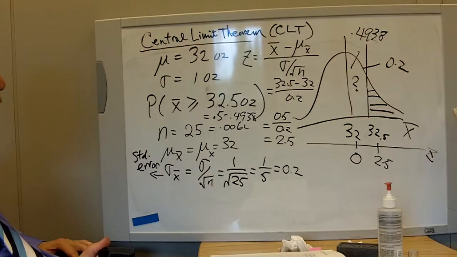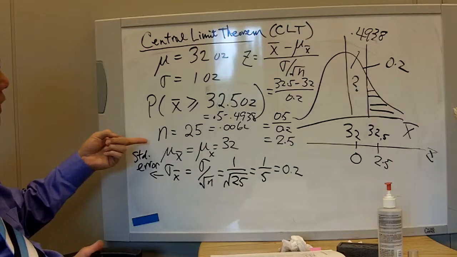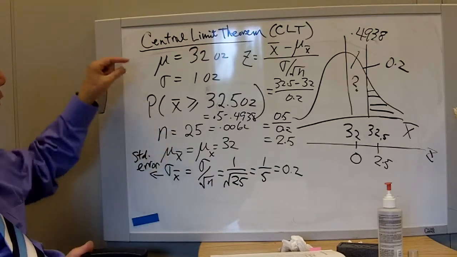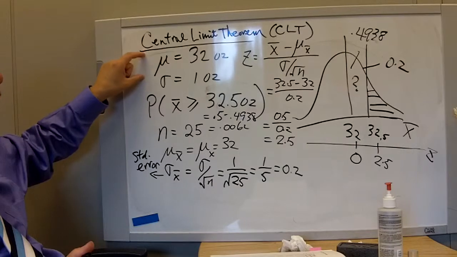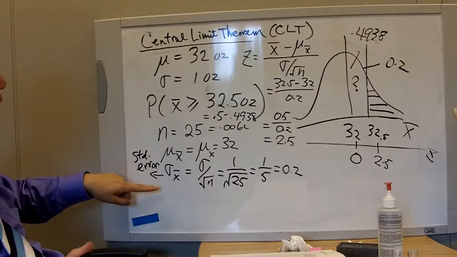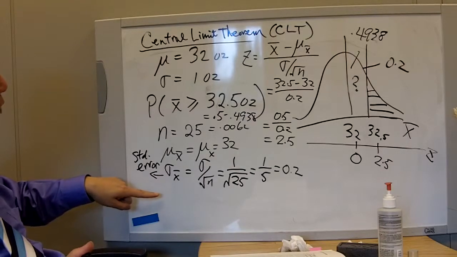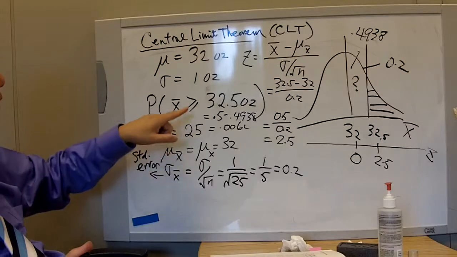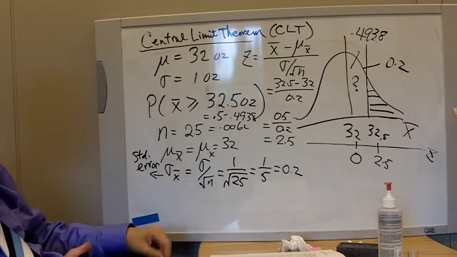So in this application, we're talking about if the production manager samples 25 soda bottles a day, and the specification has been 32 ounces with a standard deviation of 1, which becomes a standard error of 0.2, well, we are going to have a very, very small chance that the X bar value would be 32.5.